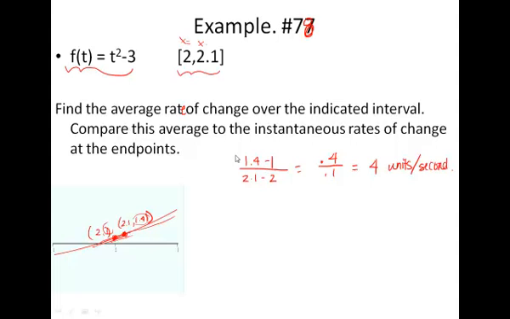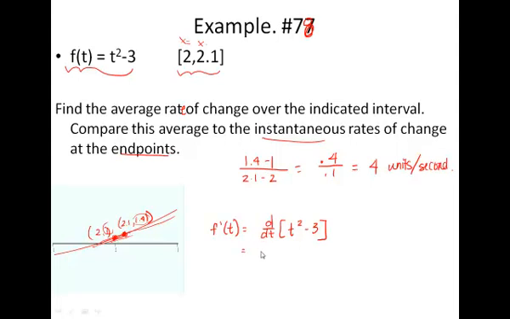Now it also asks you to compare that to the instantaneous rate of change for the endpoints. So what they're asking for is: what was the velocity at that instant 2, and what was the velocity at 2.1? In order to do that, we're going to need to differentiate this function. I'm going to find f prime of t, the derivative with respect to t, because that's our variable, of t squared minus 3.